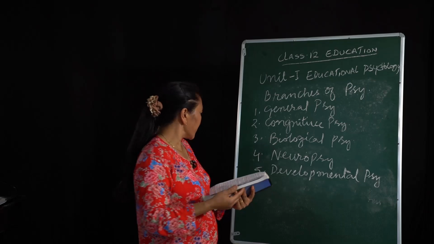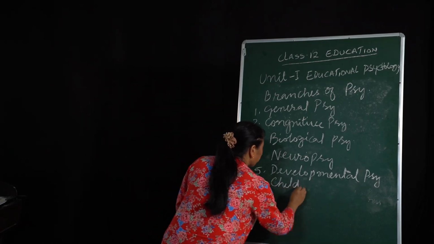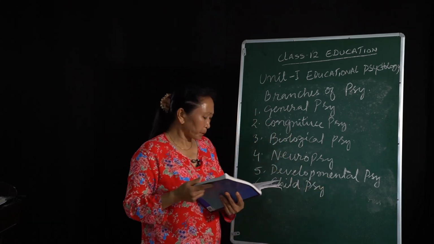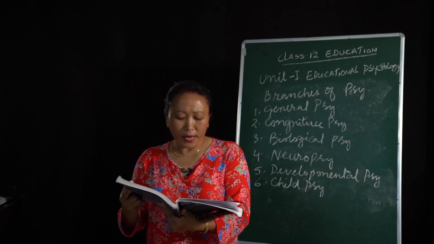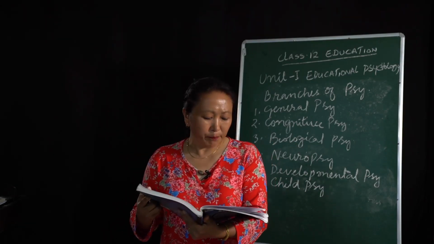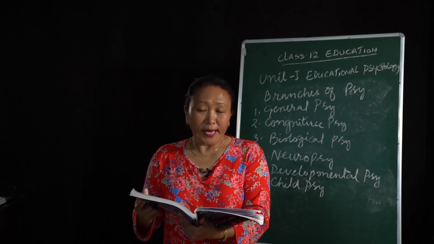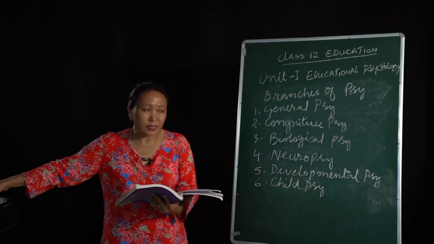Next, we have child psychology, number six. Child psychology is to understand and study the behavior and process of growth and development of a child till he or she attains adolescence. And number seven, adolescent psychology.